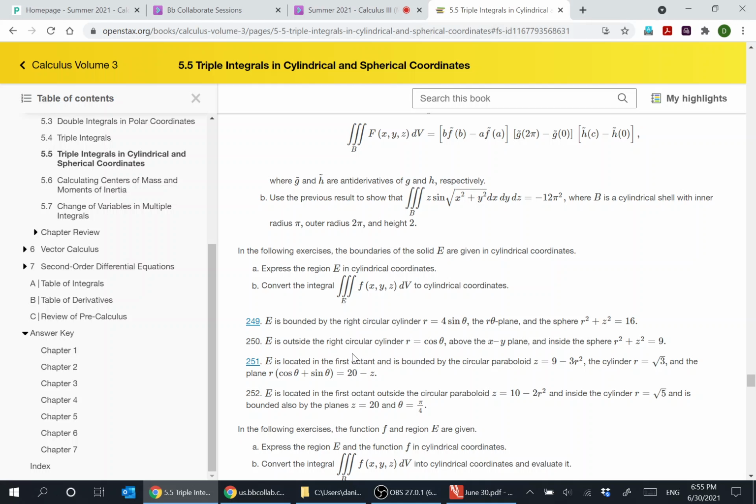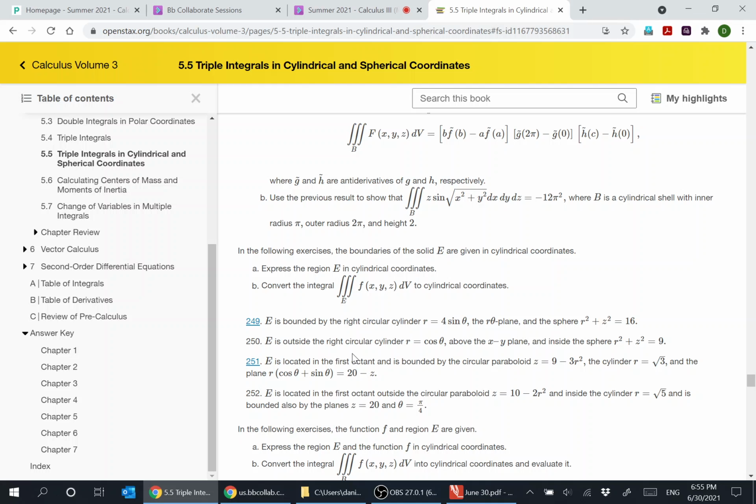In the following exercises, the boundaries of the solid E are given in cylindrical coordinates. Express the region E in cylindrical coordinates. Convert the integral to cylindrical coordinates. E is the, I see.